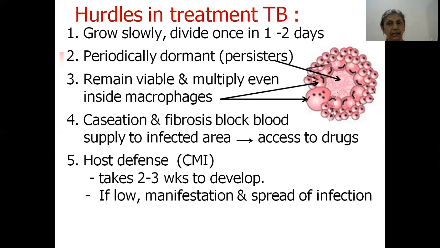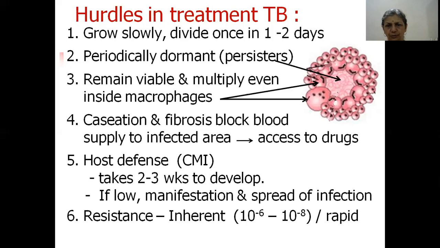And if it is inherently low, as I said, even if you're exposed to tubercle bacilli, whether you develop the frank disease or not depends on your immunity. If the host immunity is low, then the disease will manifest itself and also spread. So host immunity is an important factor.